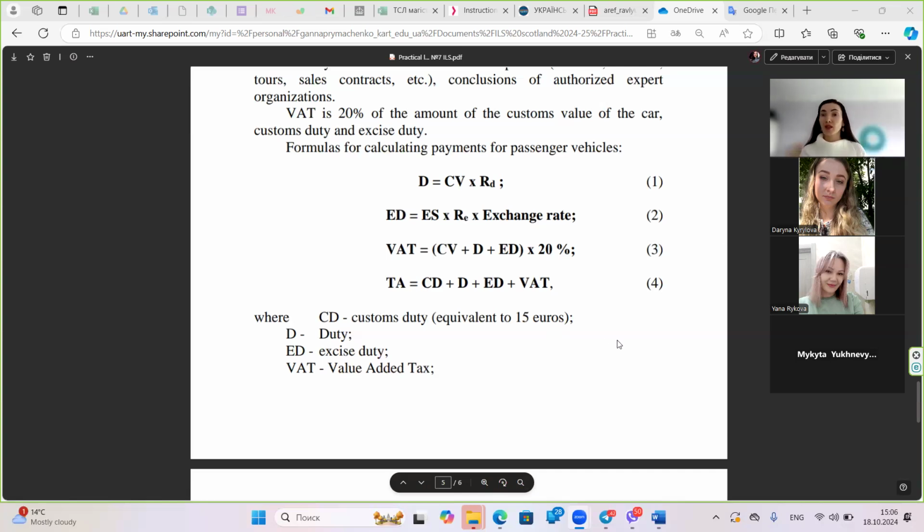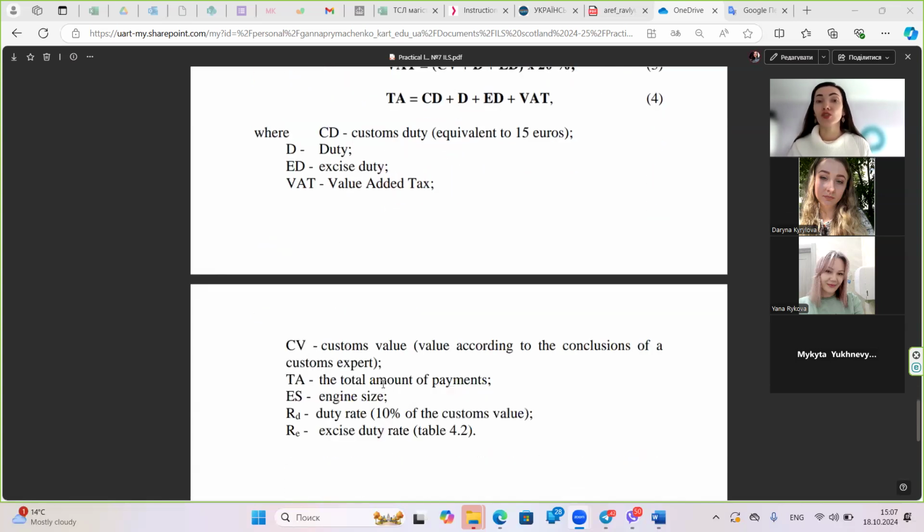Okay, and our last formula, it is formula number 4. Please write 4. It is the result of our customs payment for one car, which we have in our variants. So we need to write TA is equal to, what is TA? It is the total amount of payments.